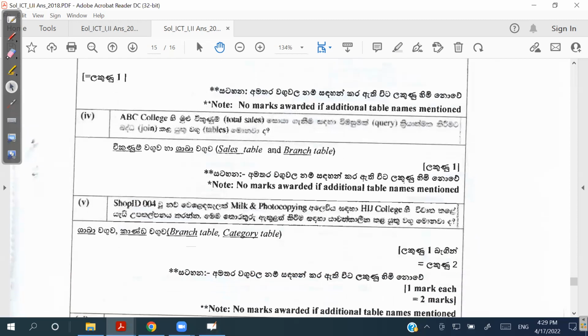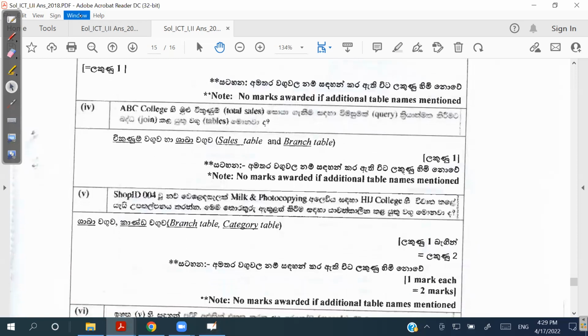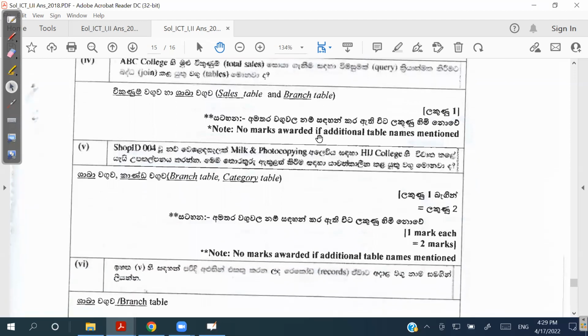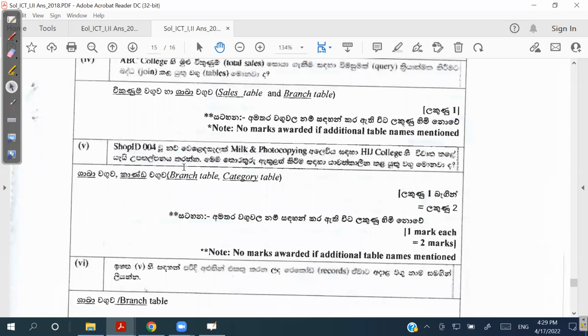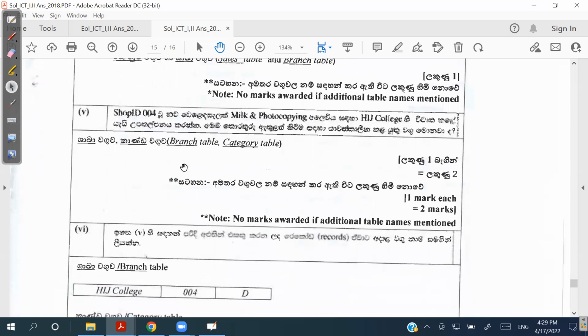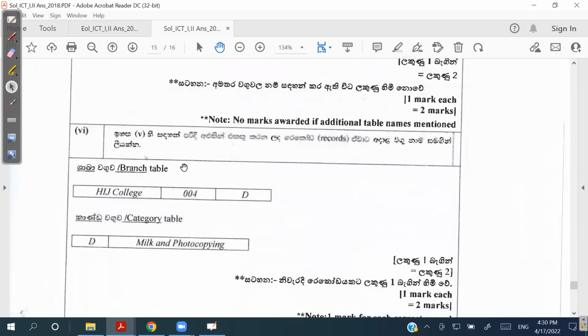And yes, this is the way. So for the fourth part, the sales table and branch table are the answer. And for the fifth part, it's the branch table and the category table. They're asking what the entries should be. So these are the entries: HIJ College, 004, D, and in the category table, D, milk and photocopy.